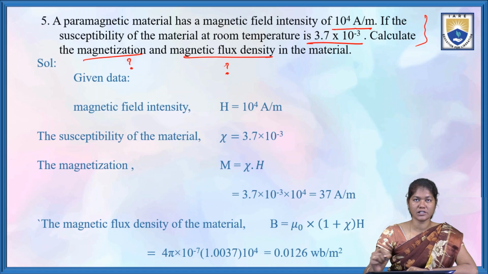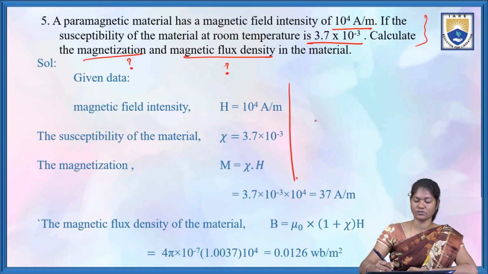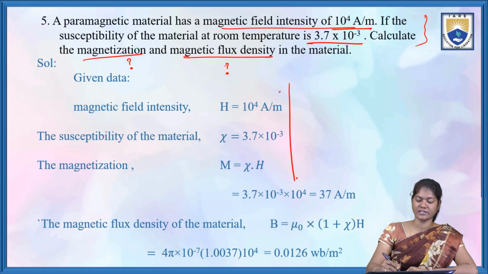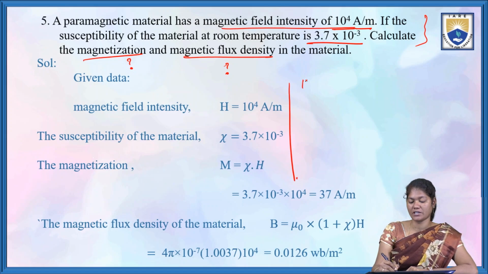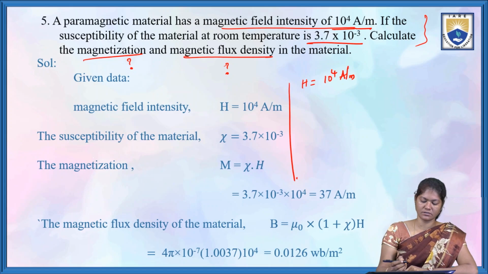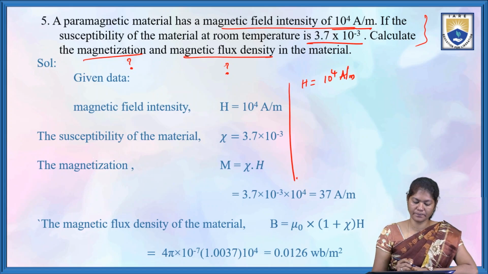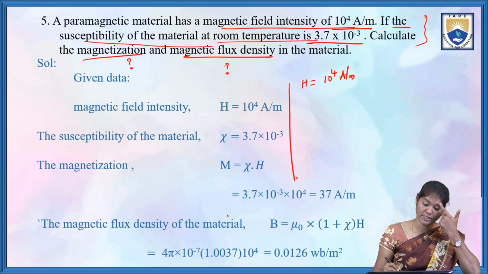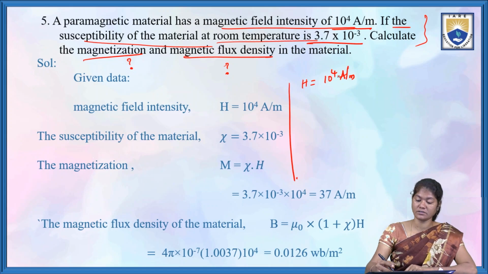So here in this problem, the given data are the magnetic field intensity, denoted with the capital H. H is equal to 10 power 4 ampere per meter. And then the susceptibility of the material at room temperature is 3.7 into 10 power minus 3.